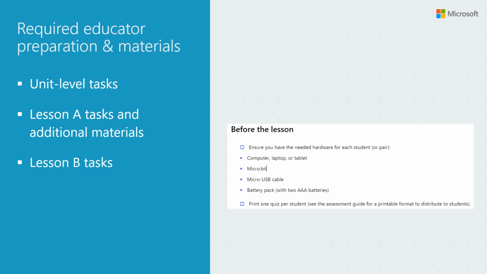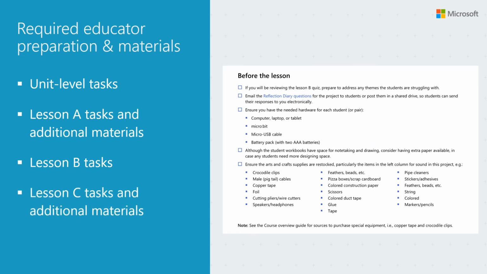The instructions are given in the Educator guide. Students will be coding a Stand Up for Health activity. And then finally for lesson C, the same Educator prep materials are there in the Educator guide. You'll want to have some crafting materials available for students to prototype their global goals programs.